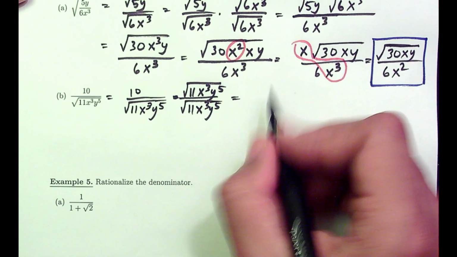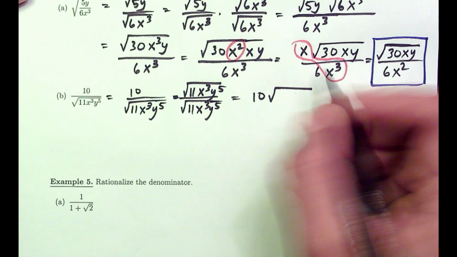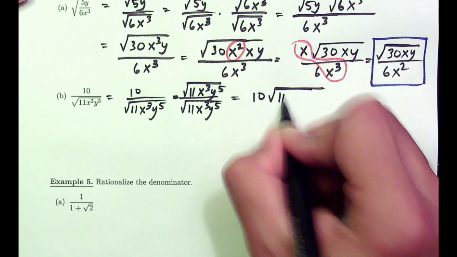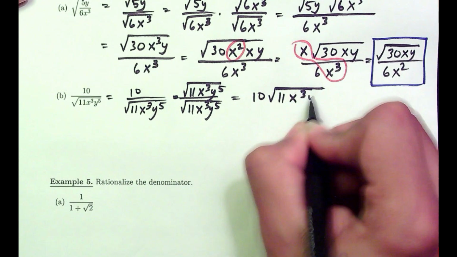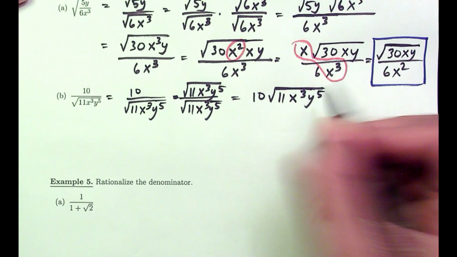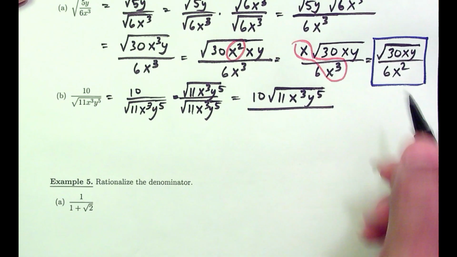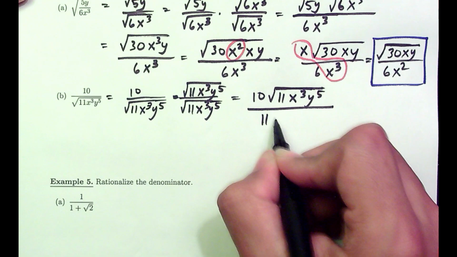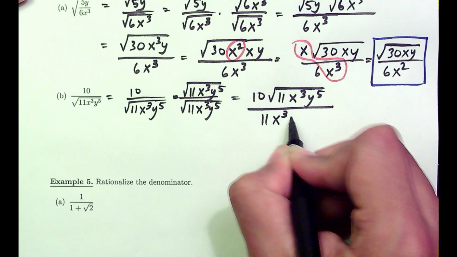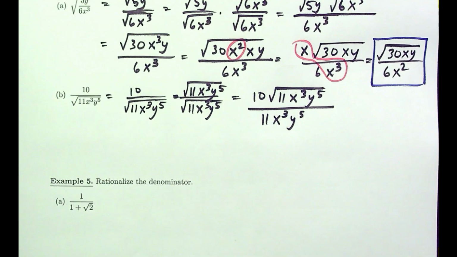Okay, and then multiply across. This is 10 square root of 11 x cubed y to the fifth. And the square root disappears from the bottom, which was the whole point of doing that.